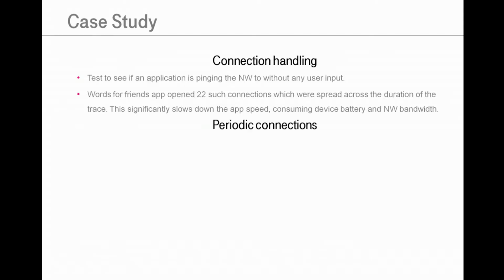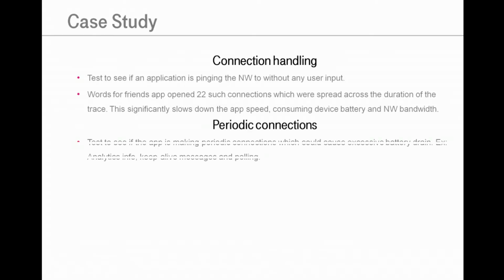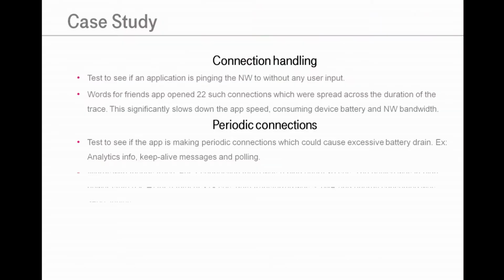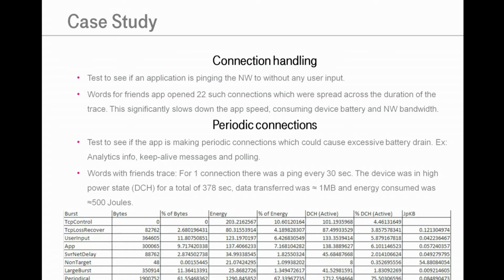Periodic connections is the test to see how often the app is pinging your network. So we saw that there was one connection that was going every 30 seconds. And the device was in the DCH state, if those of you know, DCH is a high power state, which is a high data rate state as well.